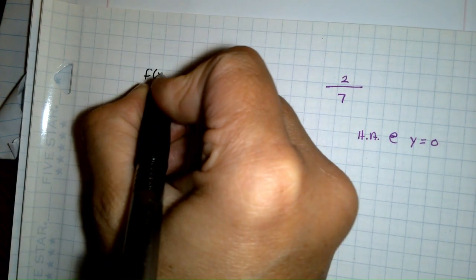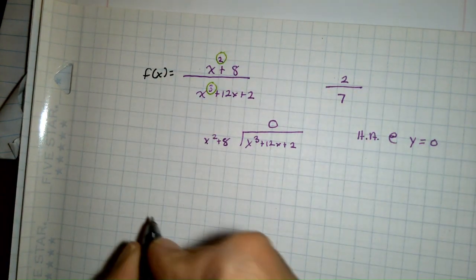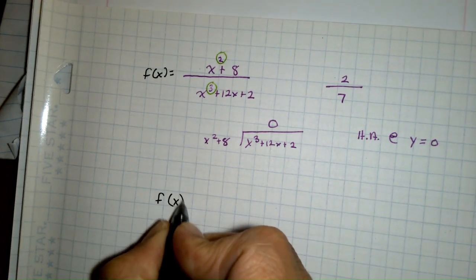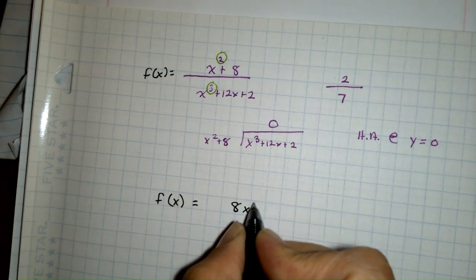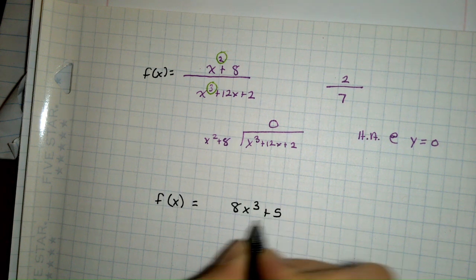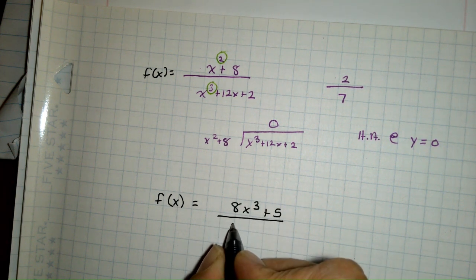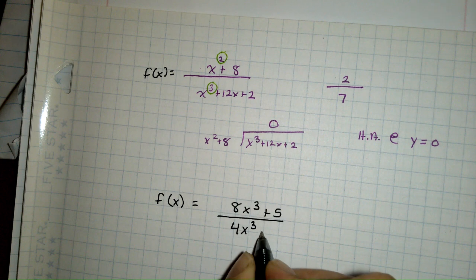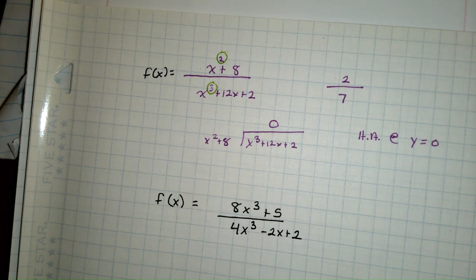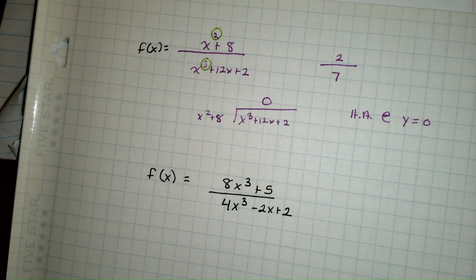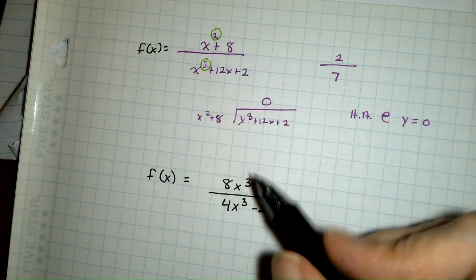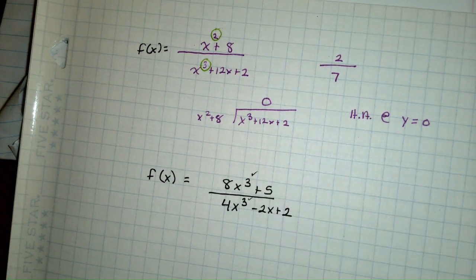Forgot to write f of x or y. If you have something like f of x equals 8x cubed plus 5 over 4x cubed minus 2x plus 2, now instead of it being bottom heavy, the top power matches.